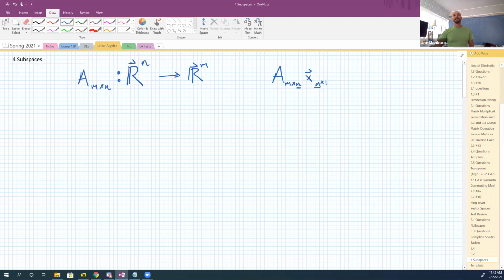So I've got my n space in my, what is this thing called? What is Rn here? Is that the range, the codomain, the domain, the null space, the column space?